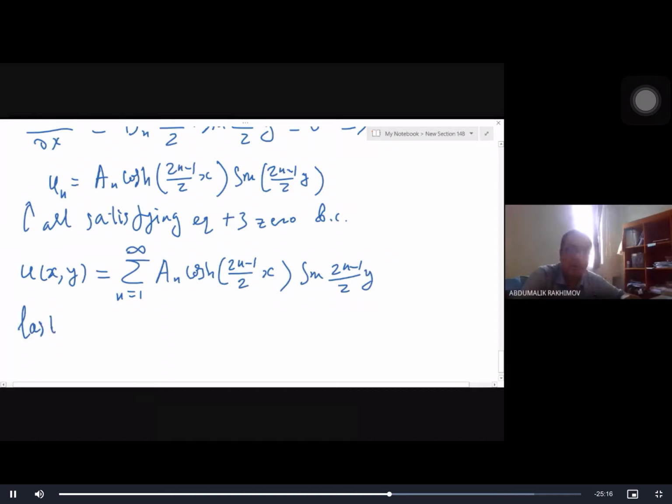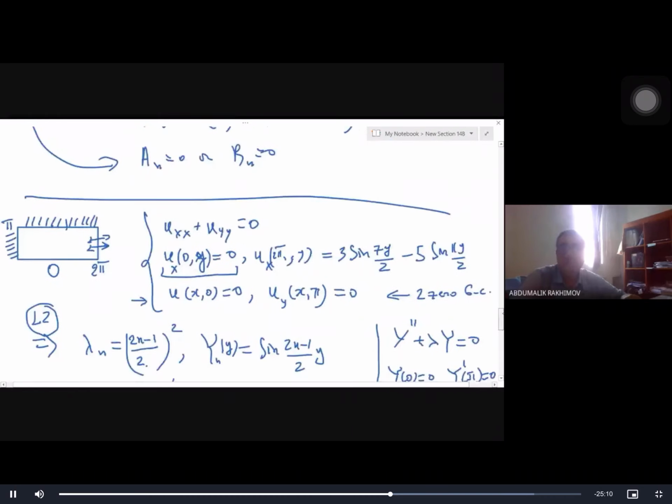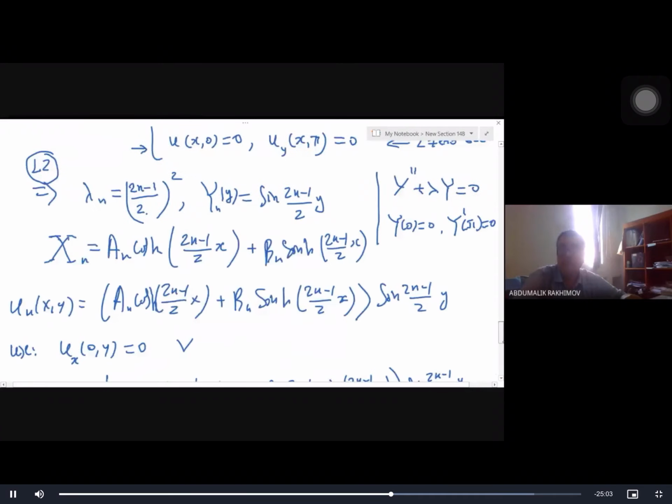What is the last boundary condition? Let's see. Heat flow is given. The derivative at 2 pi equal to this. I need a derivative, right? So let me write this.